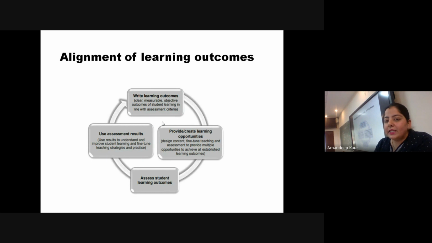When we set the different learning outcomes, they must be clear, measurable, objective outcomes of student learning, in line with assessment criteria. Whatever learning outcome you are designing, those learning outcomes directly become your question paper statements. Second is providing and creating learning opportunity.